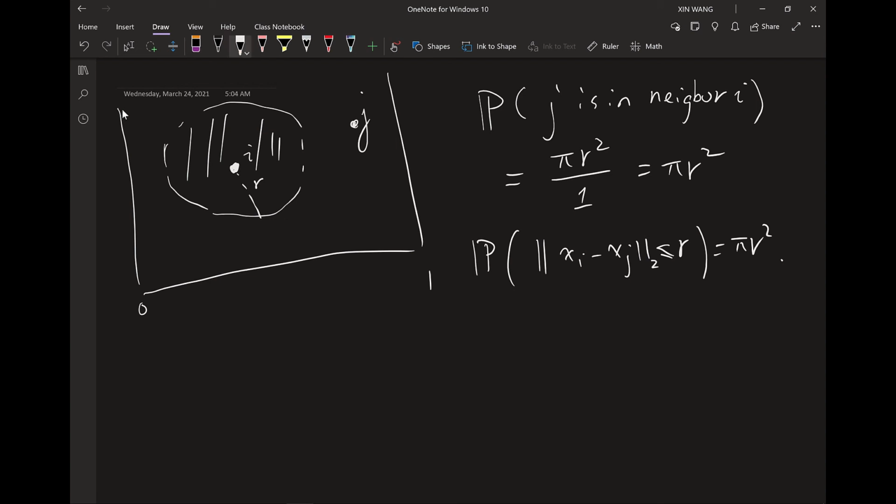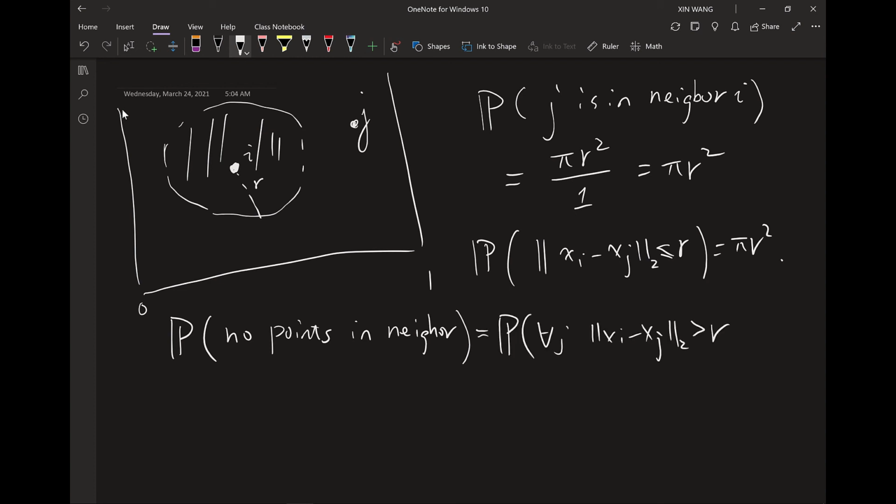So we can see the probability that no points are in the neighborhood, meaning for all j, the point is outside r. Because we generate the points independently, this equals, for each j, the probability that the distance is greater than r, raised to the power n-1.